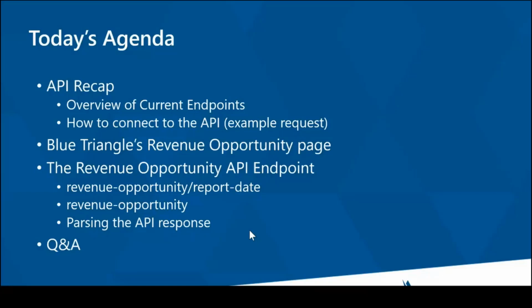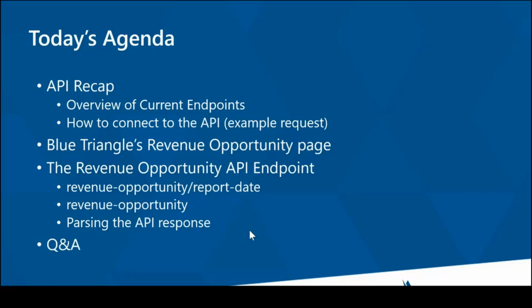There's a few different URLs that you can hit, and we'll talk through what each of those does. And then finally we'll walk through how to parse the response from the API, because it's a pretty significant amount of data, and it might be a little confusing at first when you look at the response that holds the data for the report.